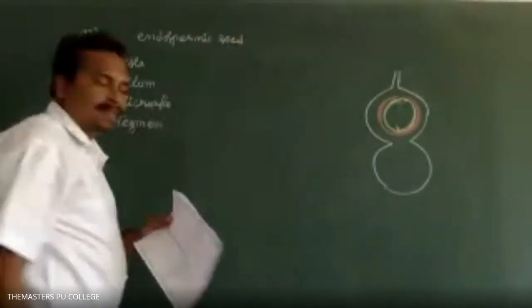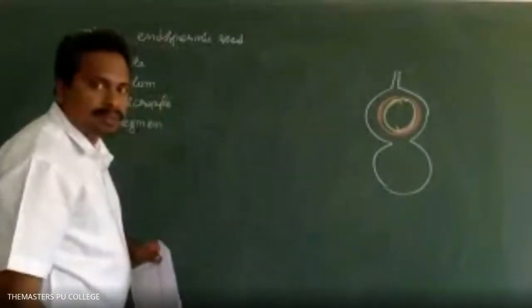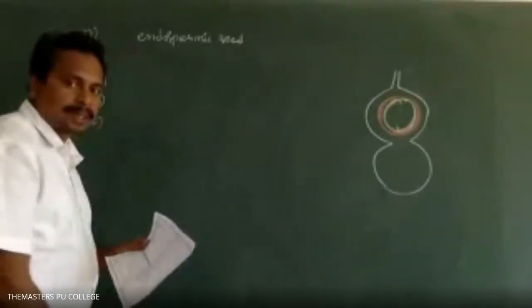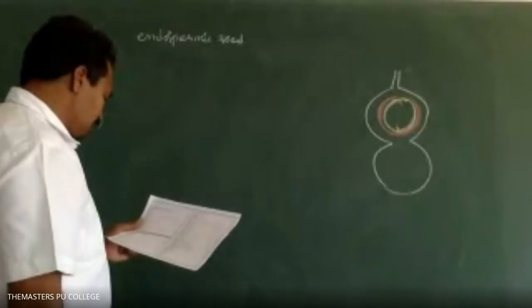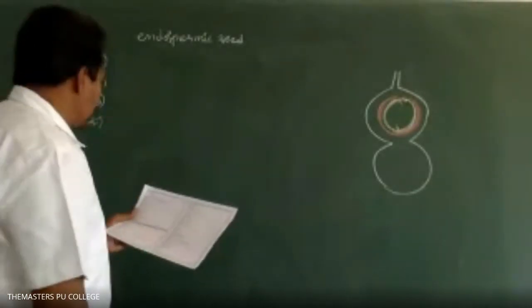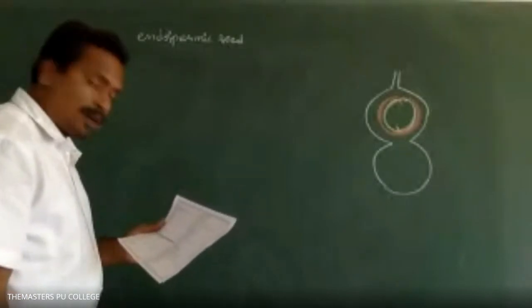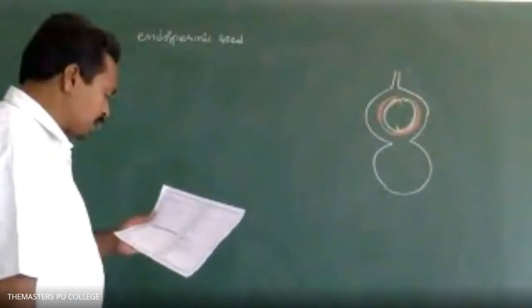How many types of seeds are there based on the presence or absence of endosperm tissue? Two types, non-endospermic and endospermic seeds. Now the question is which of the following plants has endospermic seed. What are the given options?